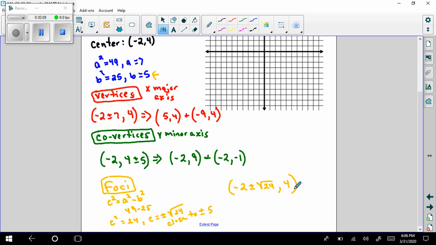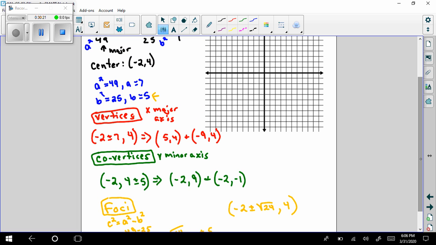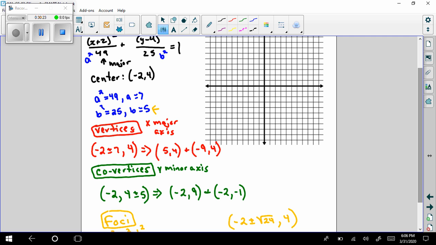So when I do this, once I get my center graphed at -2, 4, I just count over almost 5 units to get to that foci. That's a term you need to get used to because it's going to happen in hyperbolas too when we get there.